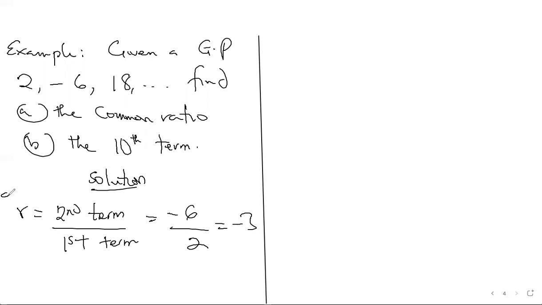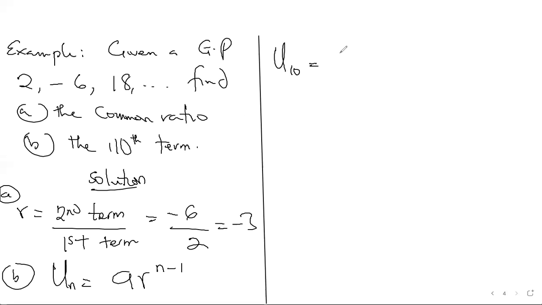Now, that's the first part. Then the second part says find the 10th term. So the nth term, un, is ar raised to power n minus 1. U10 will be, n is 10, because we're saying the 10th position.